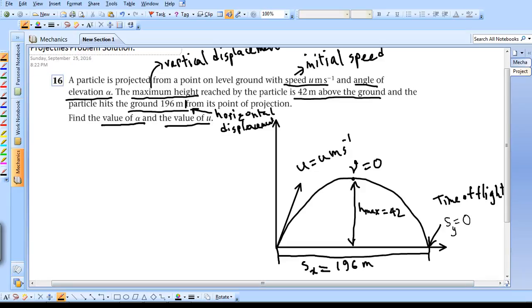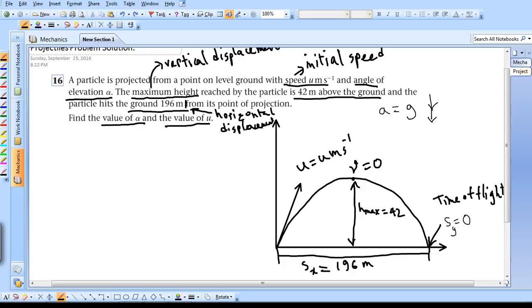Here it is the horizontal displacement. Did I miss anything? Yep, that is the acceleration a. Here a is the gravitational acceleration, which is 9.8 g, acting downward.